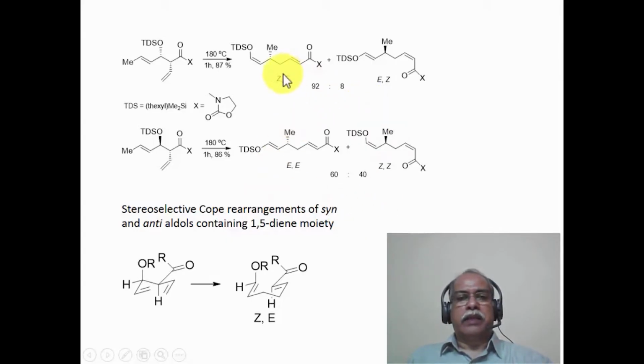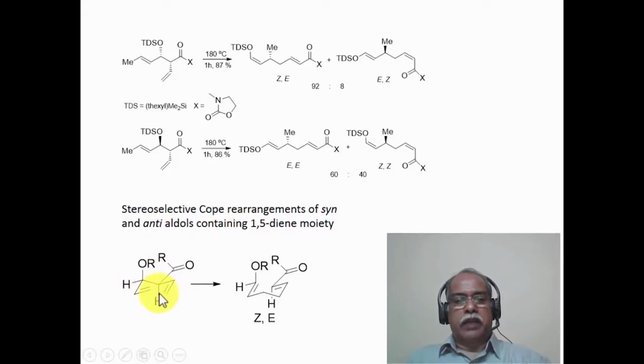If you are wondering how the ZE is formed from the syn-aldol condensation product, one has to write the chair form of the syn-aldol. This is a syn-aldol where the two functional groups or the two hydrogens are syn with respect to each other. So this hydrogen and this hydrogen are syn with respect to each other. This is one particular conformation, chair conformation of this molecule.